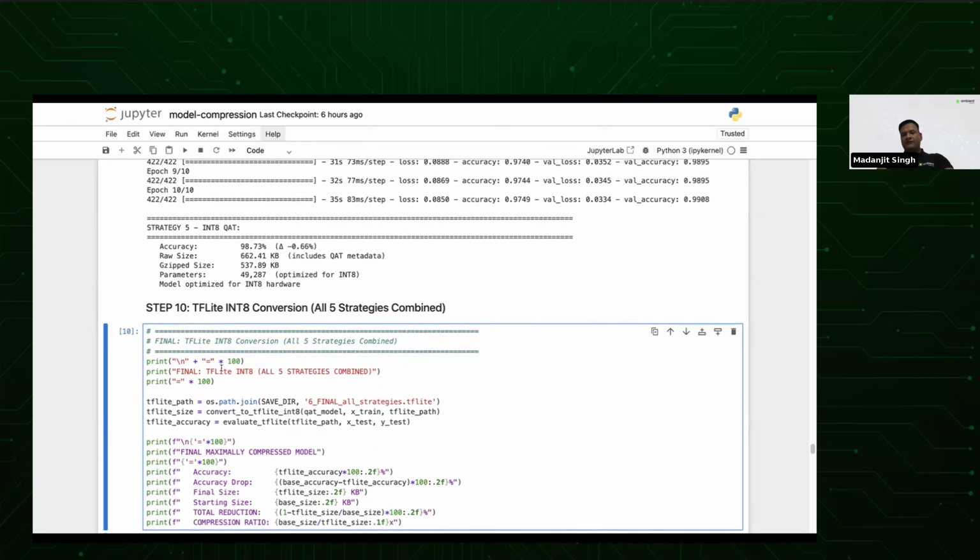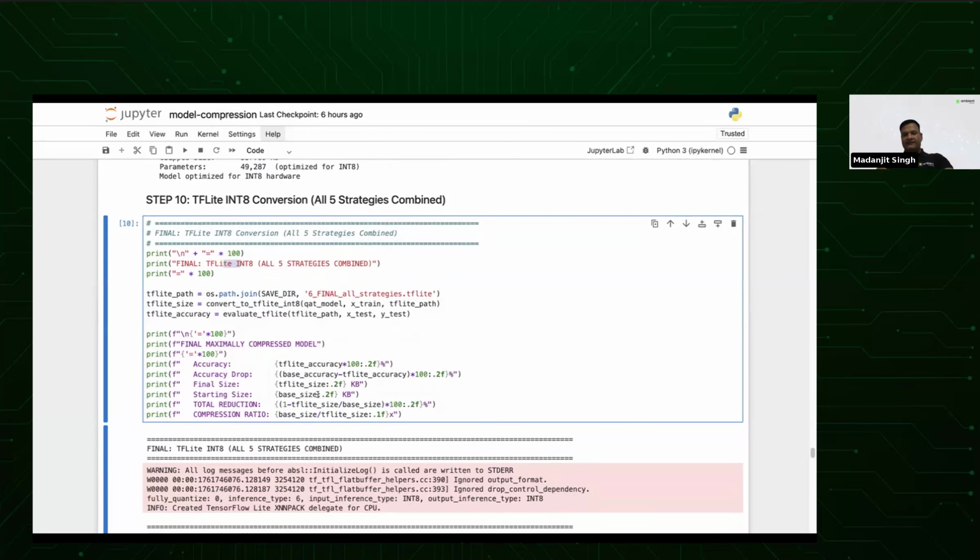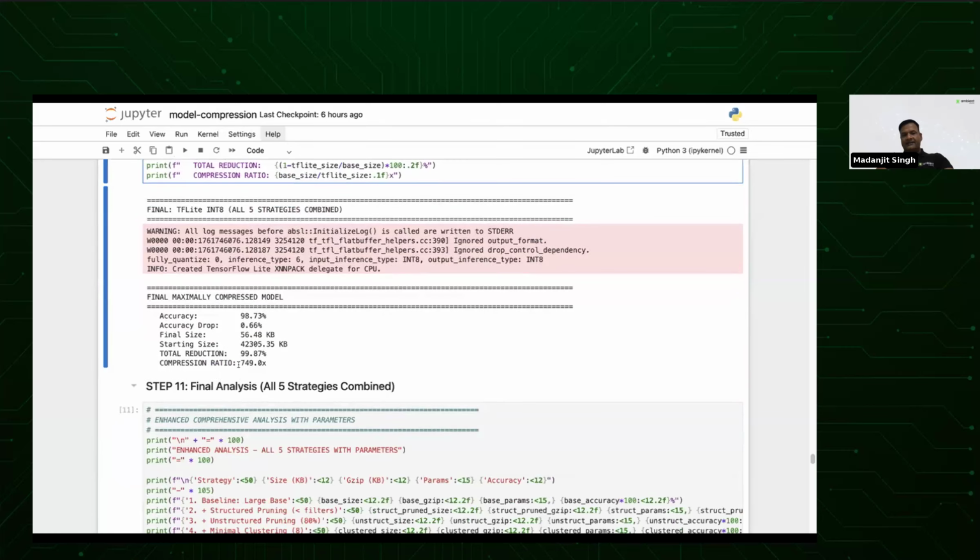You have to convert into TF Lite, and that's the final stage. With that, you could see the compression ratio has gone to 749%. This is not true in all cases, but in this case it has. And the total reduction is 99.87%, and accuracy is still 98.73%.